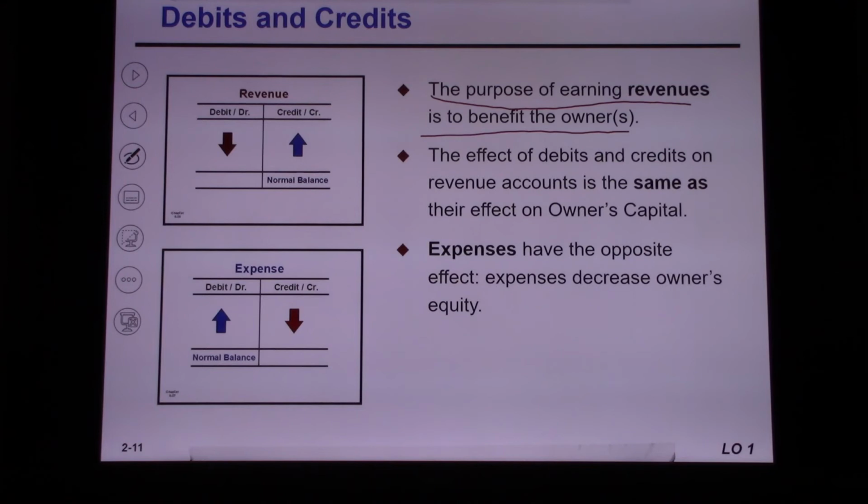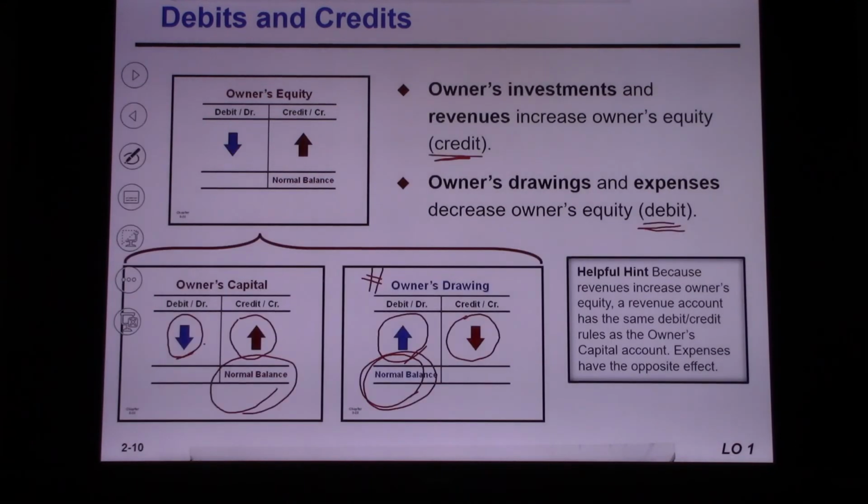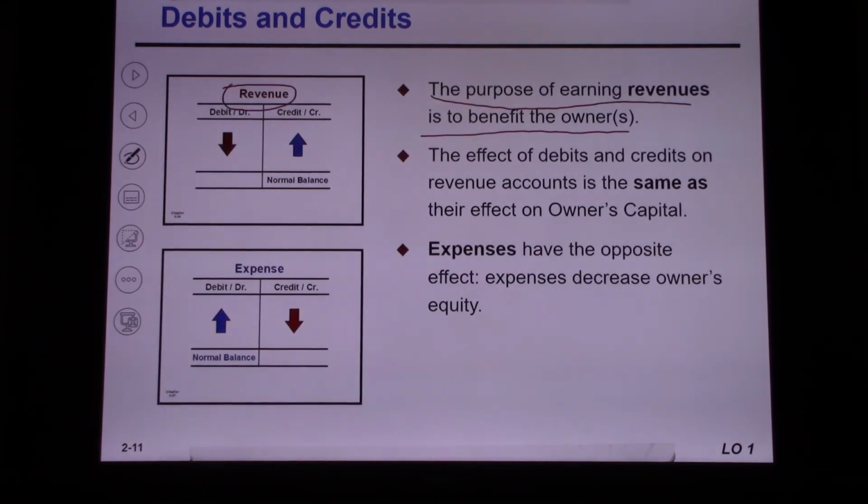We have stated owner's capital increases in the credit side and decreases in the debit side. The same for revenue: when revenue increases, you write it in the credit side, and when it decreases, debit it.